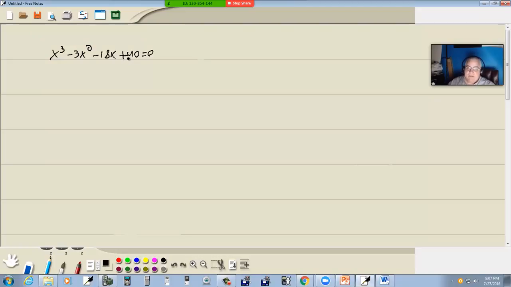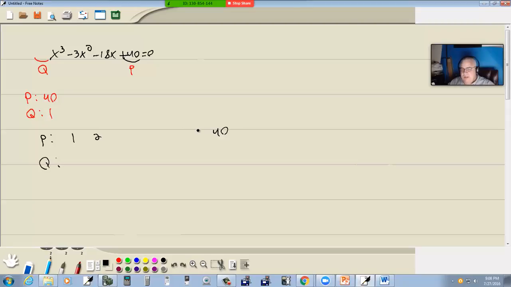Specifically, rational means you can write it in fraction form. We identify our number at the end. Number at the end is going to be our P, and we identify the number at the beginning, which will be our Q. So P is going to be 40, and Q is going to be 1. Now we're going to write down all products that give us 40. We got 1 times 40.